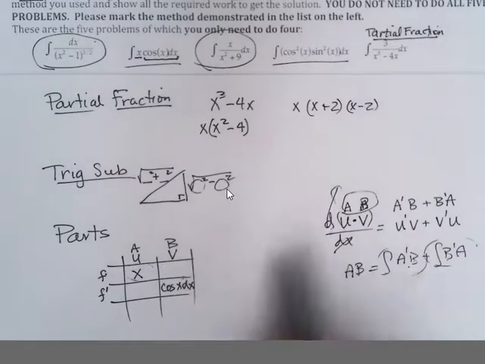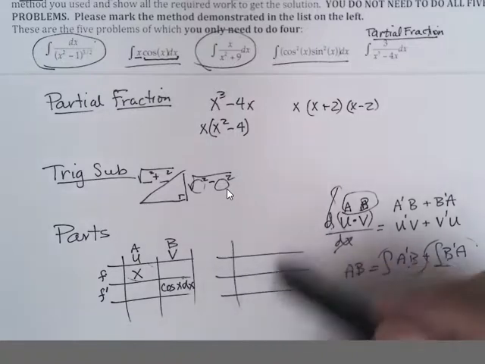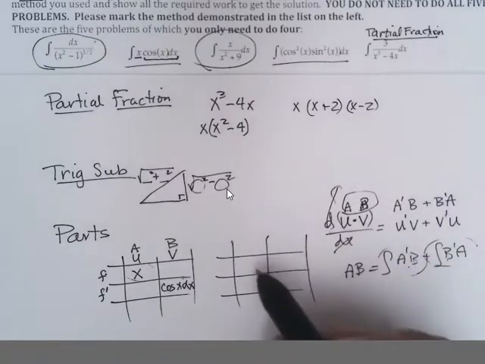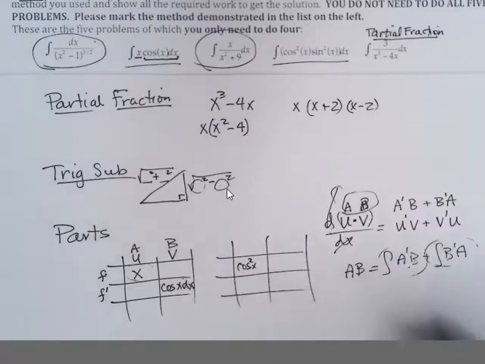If I did this one, it's a little bit messier and something that we probably don't want to do. If I chose, for example, to put cosine squared x here, the derivative of it is going to be 2 cosine x times the derivative of cosine, which is negative sine. Negative 2 cosine x sine x dx. I don't particularly like that.